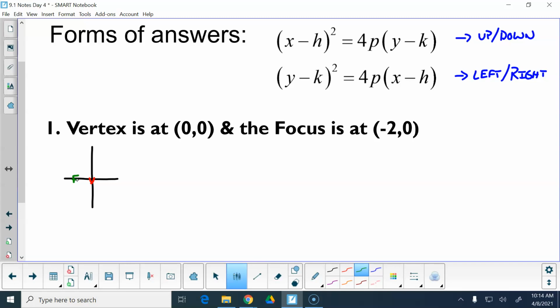So given that scenario, do we know which way this parabola opens? What do you got there? It's going to open left because the focus is inside the parabola, right? Yeah, love it. So this is going to open left.